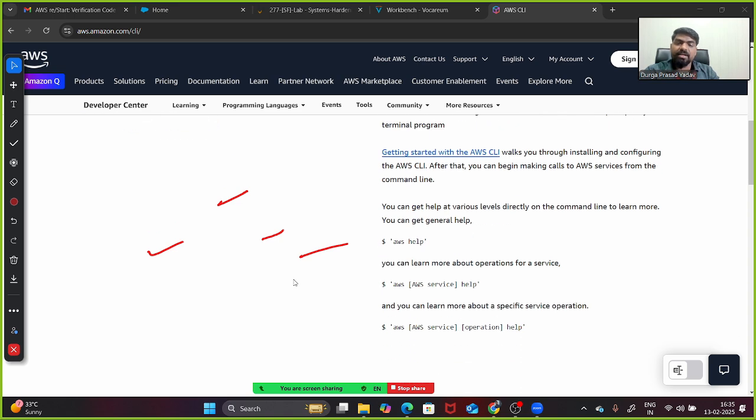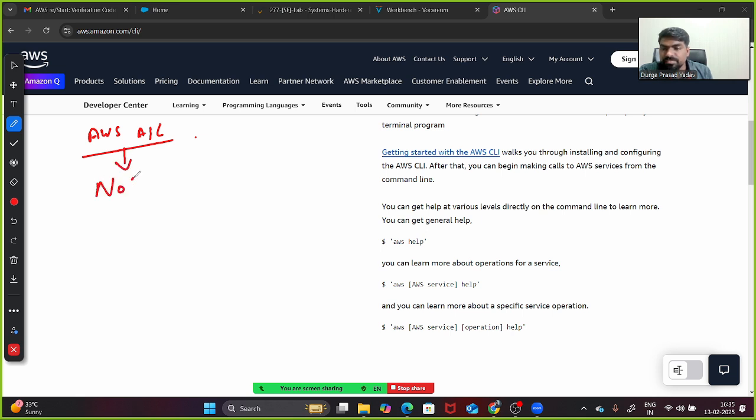Now, how to start? For example, let's say you have created one AWS account. AWS recommends you not to use the root account. An AWS account means the root account here, but AWS says do not use the root account.